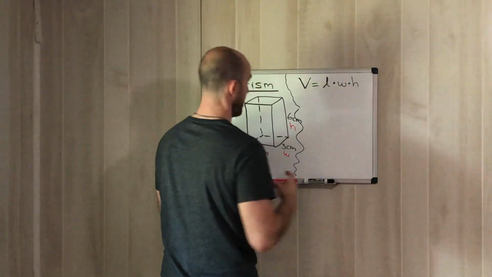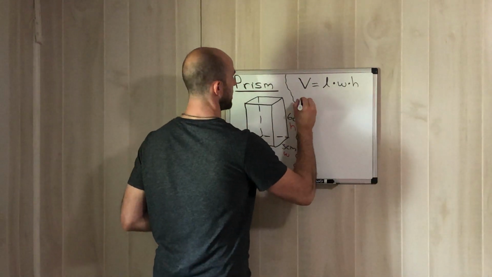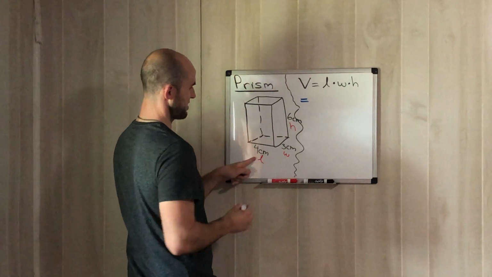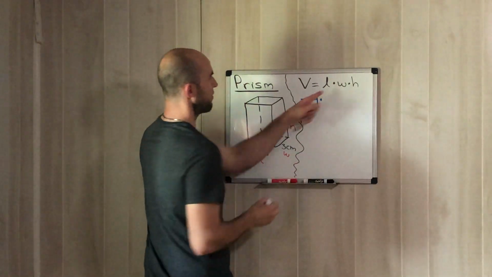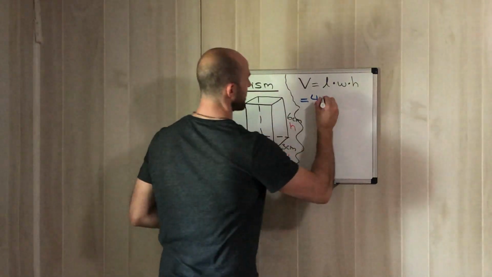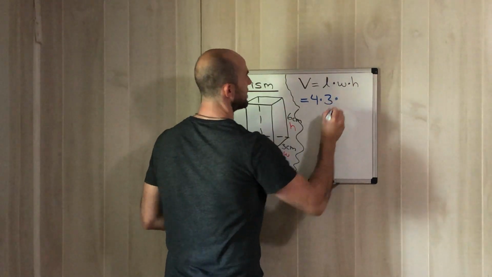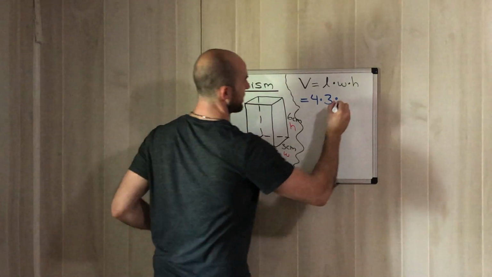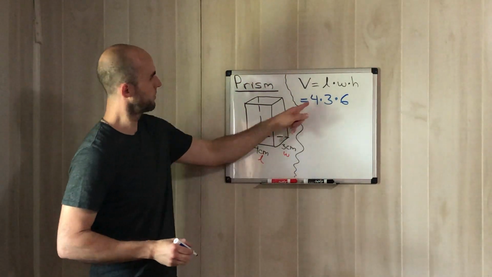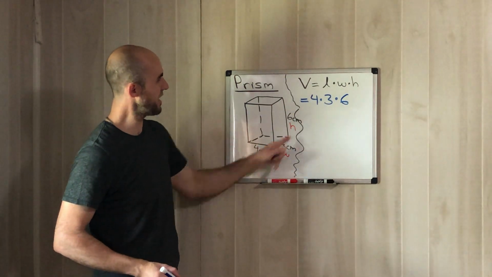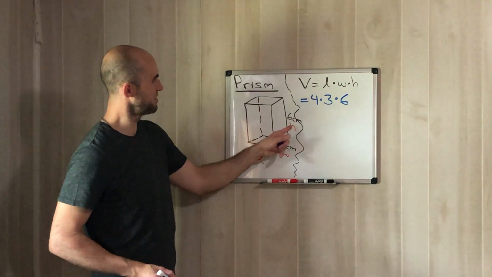So we know that equals, we know that the length is 4, right? Times, we know that the width is 3, times, and we know that the height is 6. So all I did, length was 4, width was 3, and the height was 6.